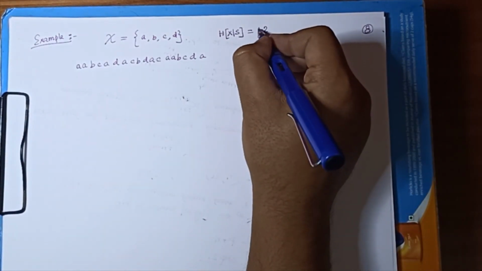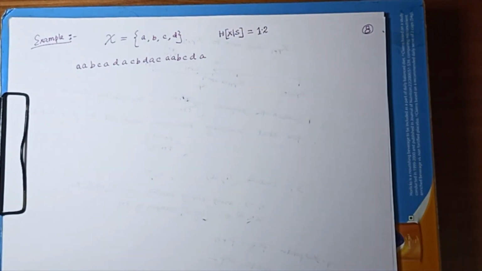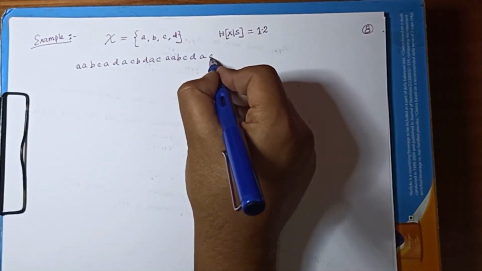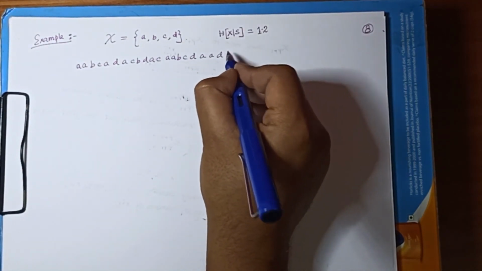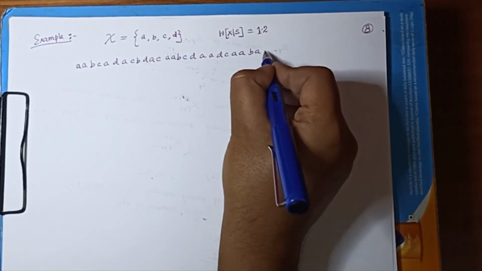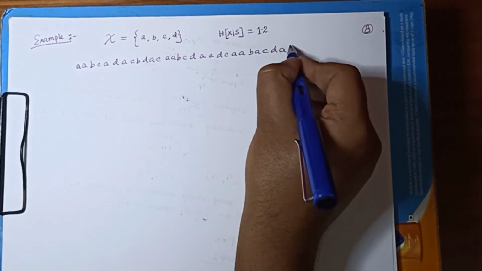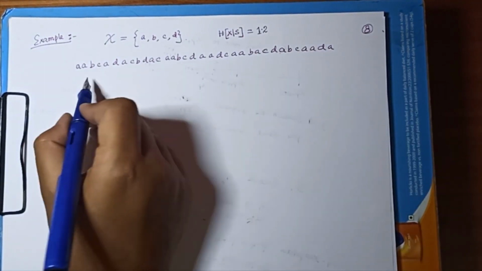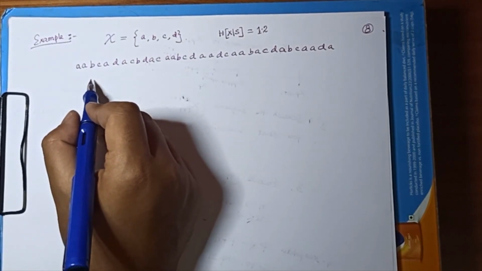Okay, this is 1.2 bits, and now A, D, C, A, A, B, C, D, A, B, C, A, D, A. I'm taking a really large set.